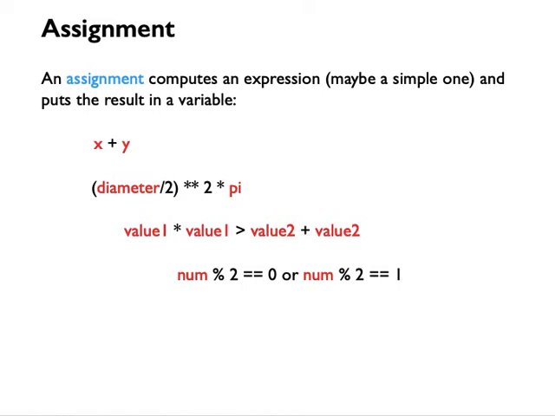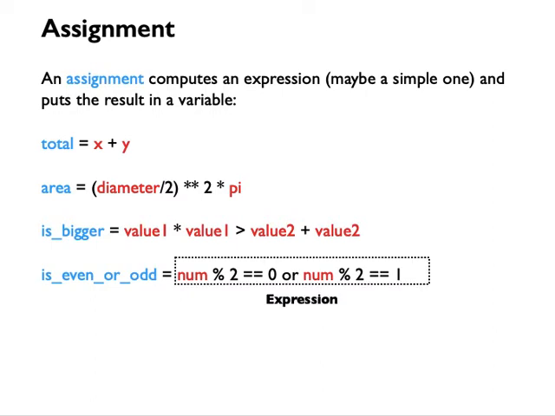So for instance, given those expressions that you see there that I just moved over, we could use a single equal sign to assign the result of computing that expression, and then store that in variables. So we kind of do this from right to left. We evaluate the right-hand side, we use an assignment statement, and then we store it in a variable. At least that's how it's interpreted by the Python interpreter.